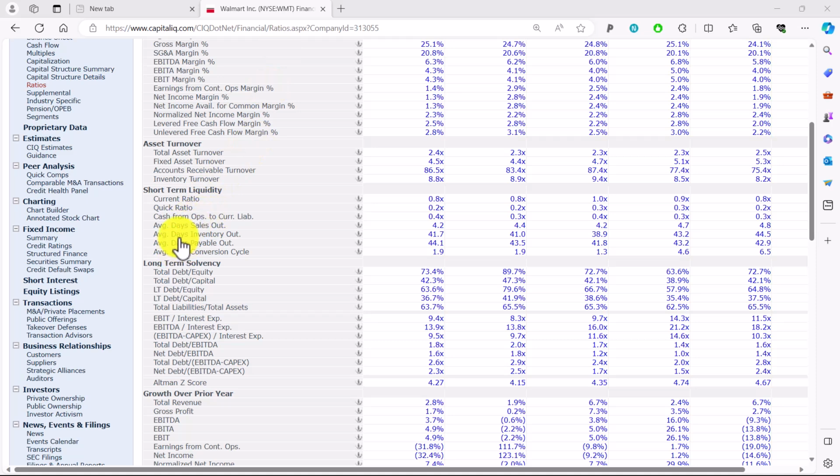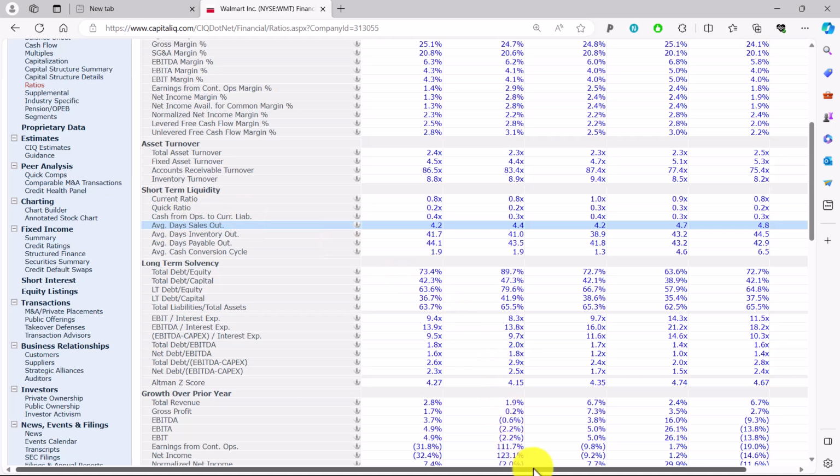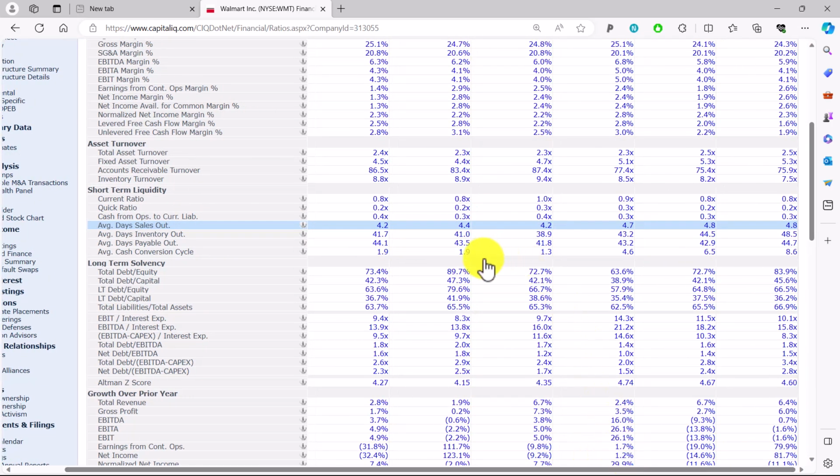And so you can see here it's got average days sales outstanding. I mentioned accounts receivable days sales outstanding. That's what this is. It's really low for Walmart, again, because they don't sell things on credit. They don't have a lot of accounts receivable. But we can see here, it takes them on average around 4 to 5 days, if we're calculating this. Because they have so few receivables outstanding, this number is very low for them.